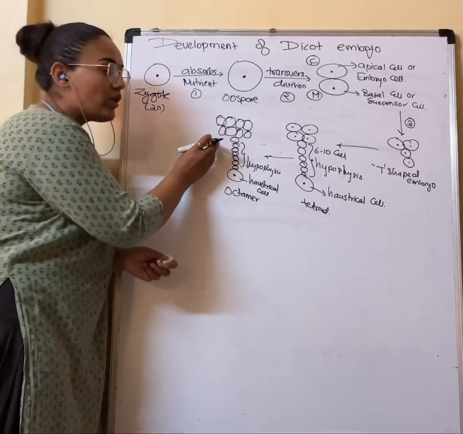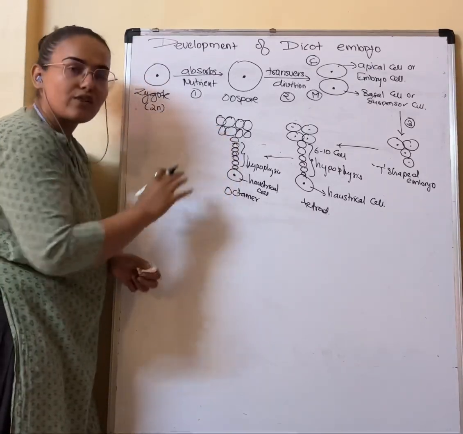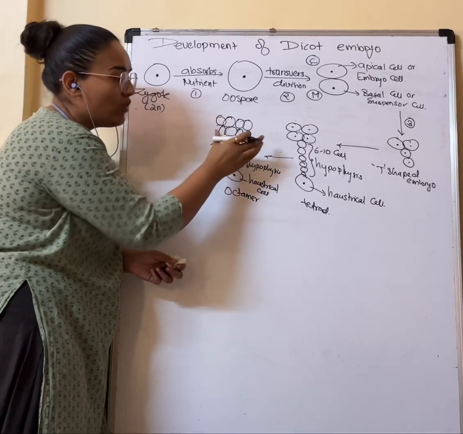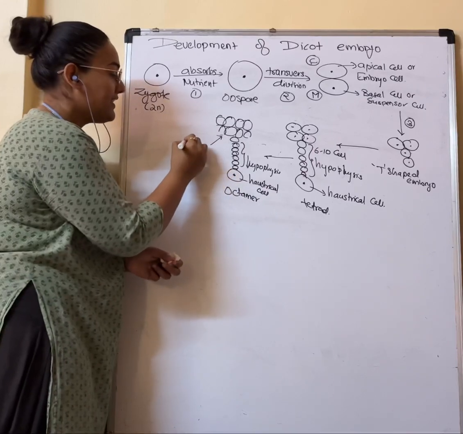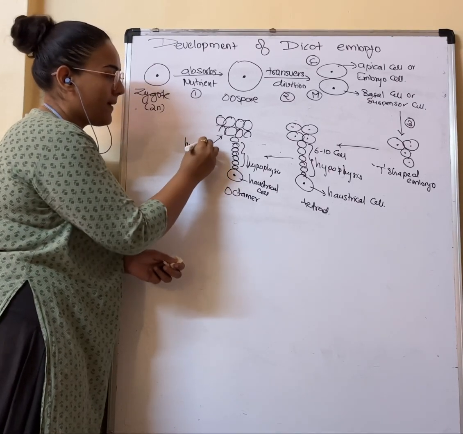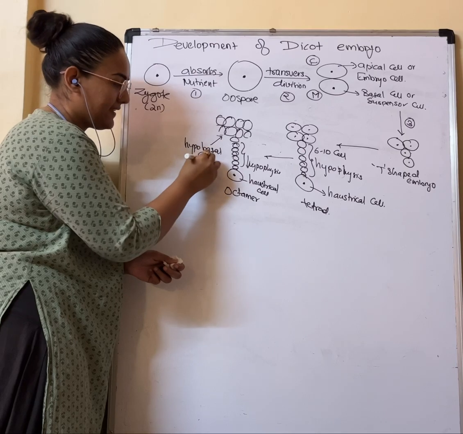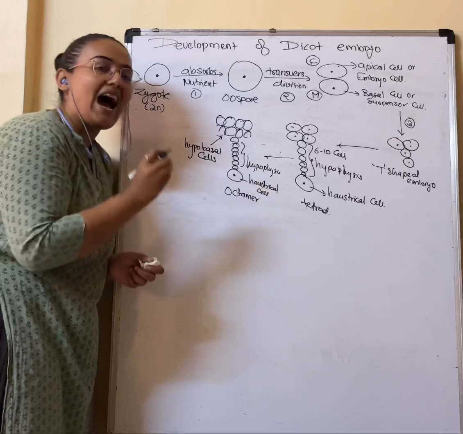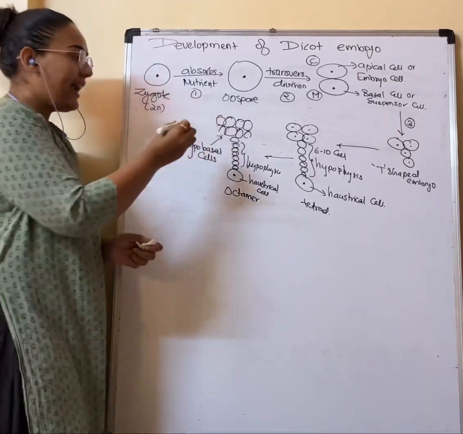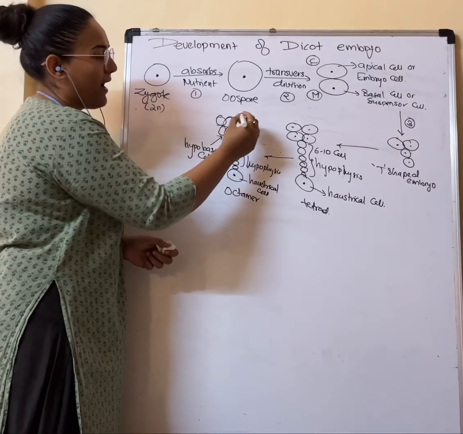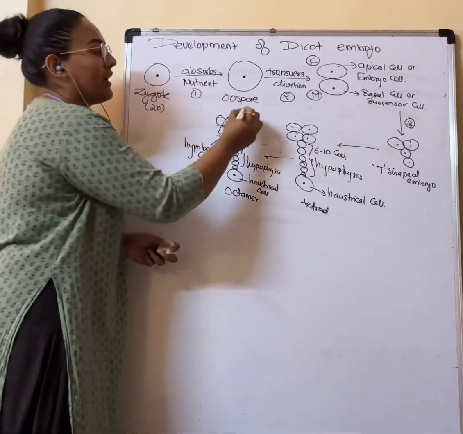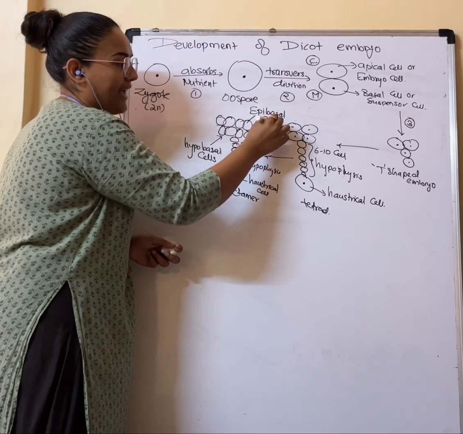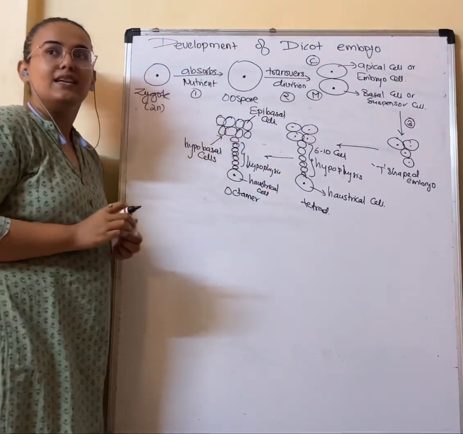Fine. So when I am talking about this condition, you get 2 layers of cells above and below. The one which is just next to the hypophysis is called the hypobasal cell, and the one which is right above the hypobasal is called the epibasal cell.